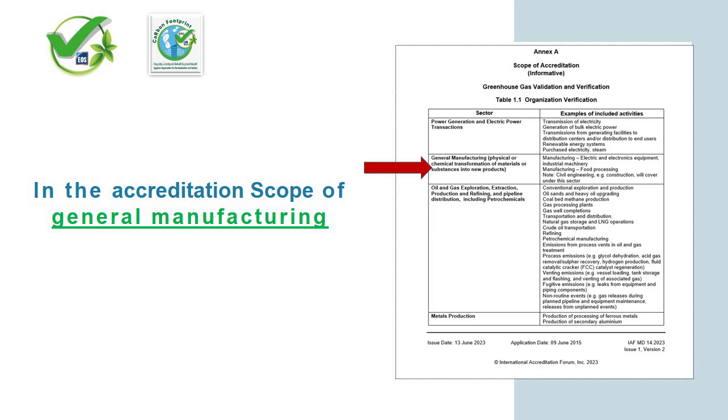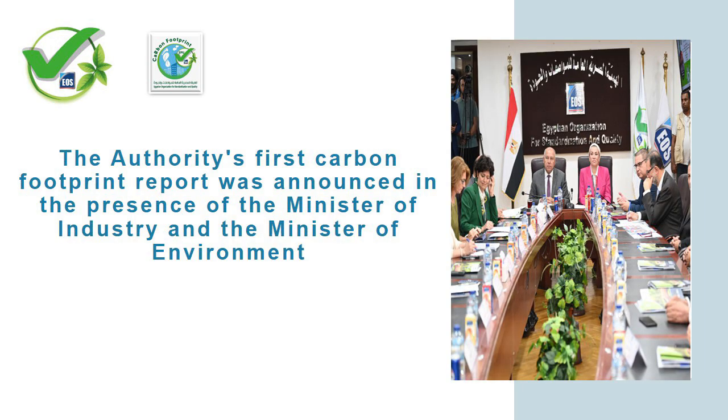EOS prepared its own carbon footprint report to set an example and role model for all government bodies. We started with ourselves and prepared the first carbon footprint report as the first green government agency, in the presence of the Minister of Industry and the Minister of Environment.